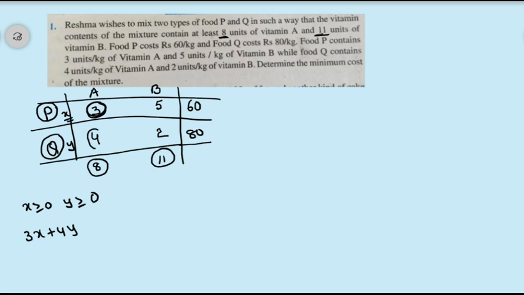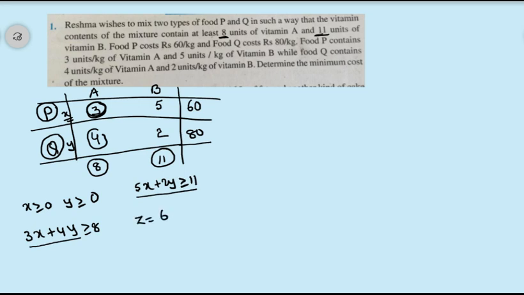In 1 kg 4 units, so in y kgs 4y. 3x plus 4y, this is the total vitamin A that must be greater than or equal to 8. Next 5x plus 2y greater than or equal to 11. This is vitamin B.